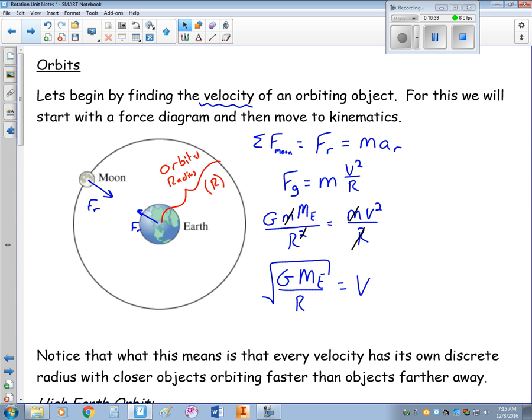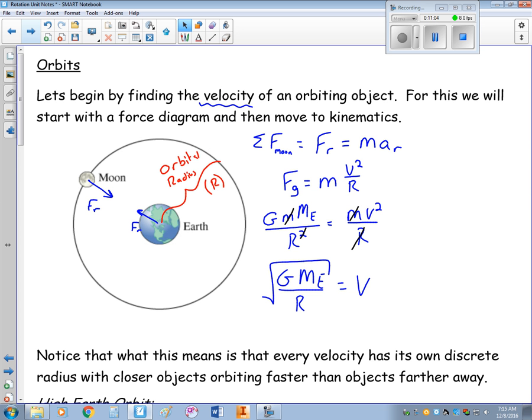So what this means then is that each orbital radius has its own unique velocity, or speed at which the object must go. Or another way of looking at it is if an object is moving with some certain speed v, that will dictate what orbital radius it must have.